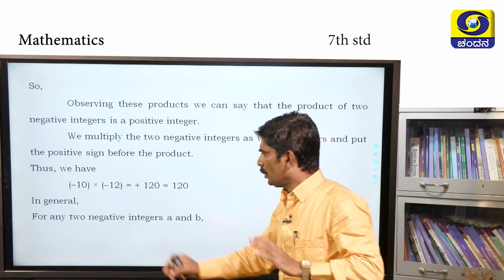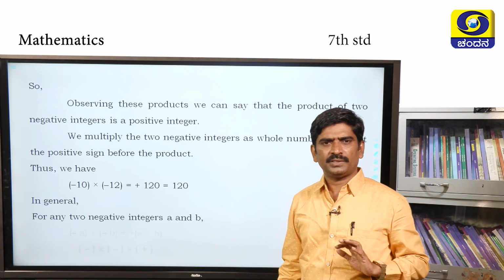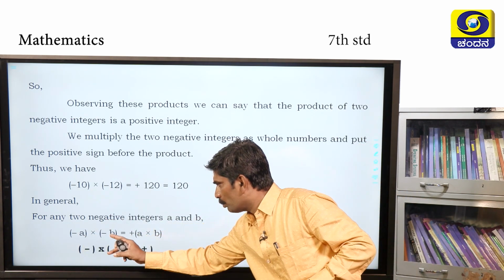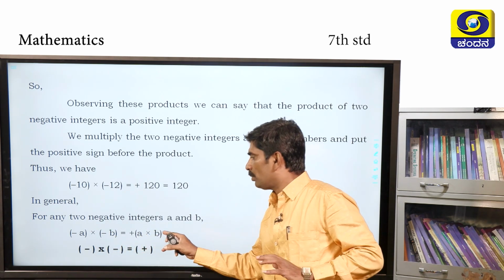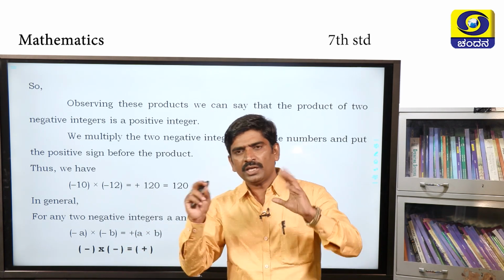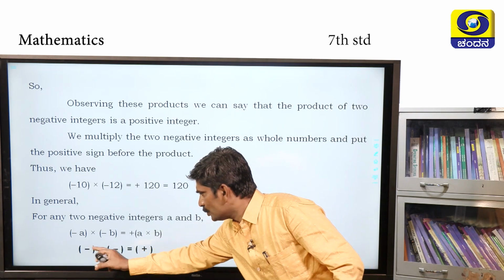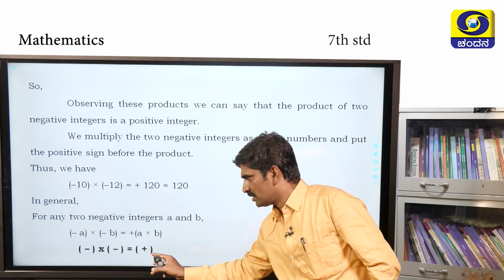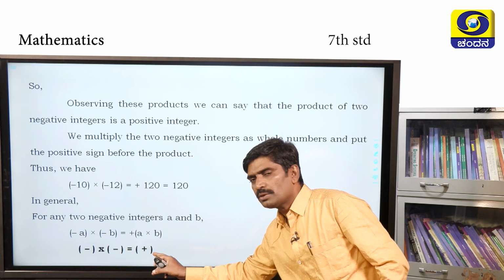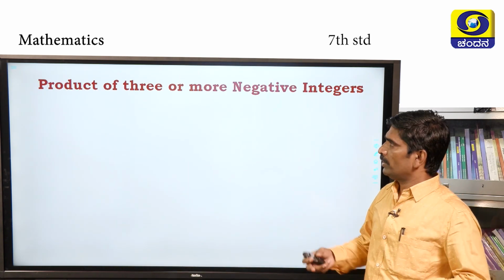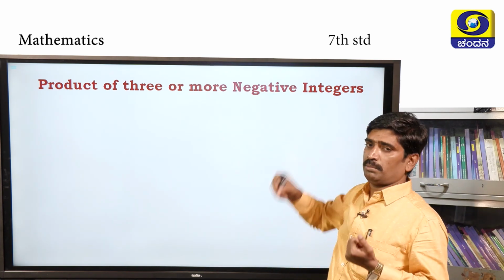In general, for any two negative integers a and b, minus a into minus b is plus a into b, with a plus sign before the product. Symbolically, minus into minus is plus: negative integers convert to a positive integer.